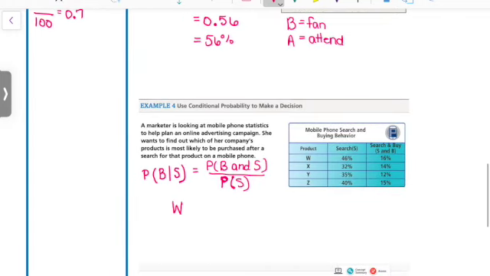Search and buy is 16%, so that's 0.16, divided by just the probability of search, 0.46.